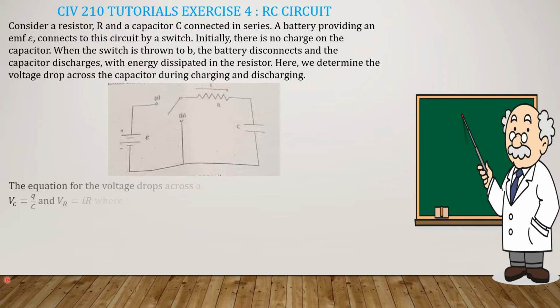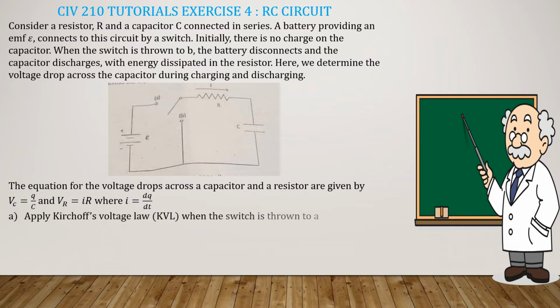Okay, now the continuation of the question says the equations for the voltage drop across a capacitor and a resistor are given by VC equals Q on C and VR equals IR, where I is equal to dq/dt, the change in charge with respect to time. A: apply Kirchhoff's voltage law when the switch is thrown to A. B says hence establish the differential equation of the circuit.